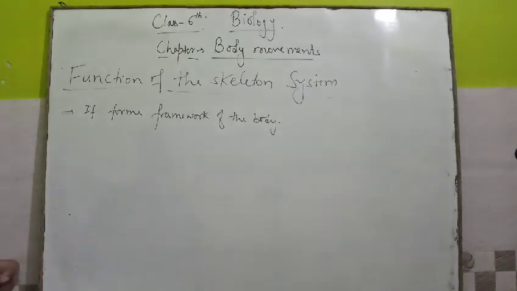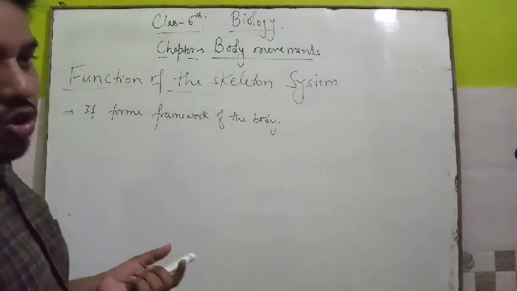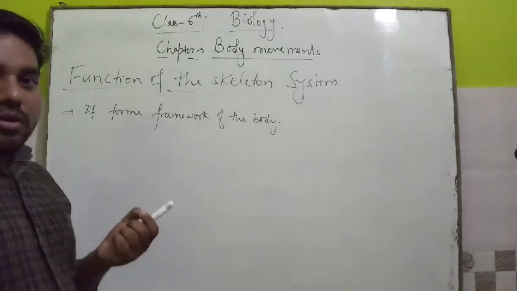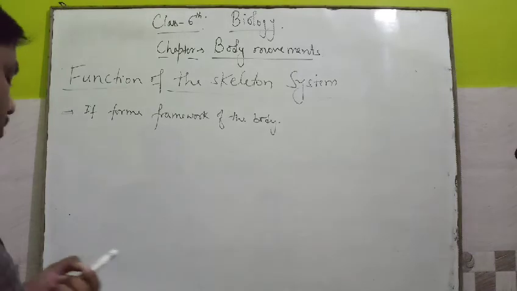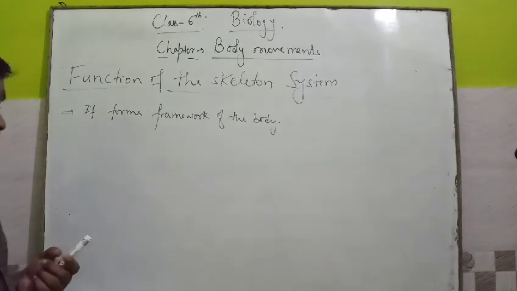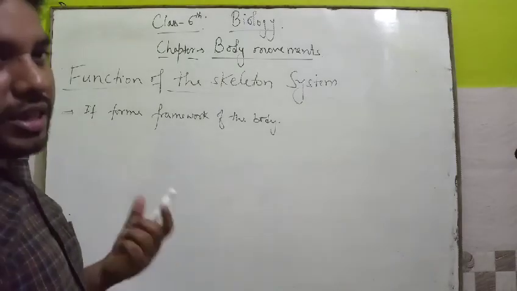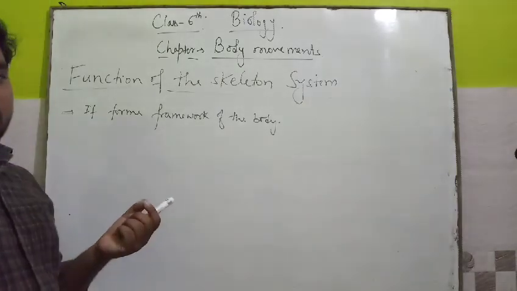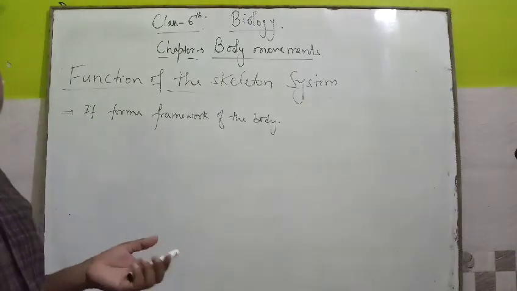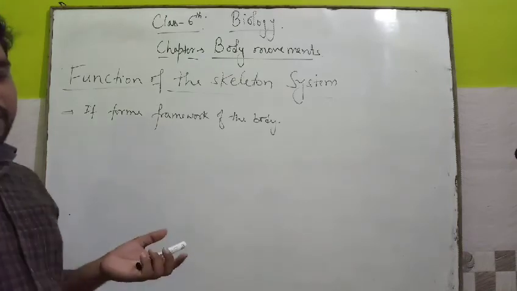Clear? The brain is protected by the bone in the skull. Your brain is very soft and that is protected by a skull. Okay? The backbone protects the spinal cord, and you know that in that backbone there is a spinal cord which is protected by the backbone.